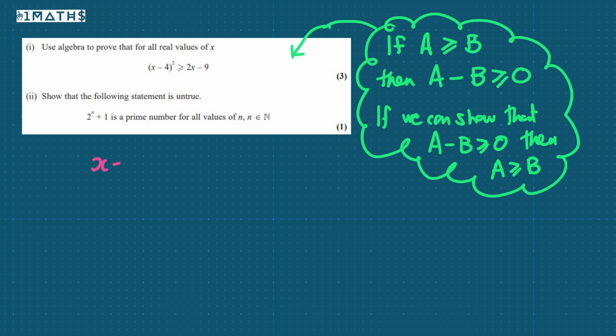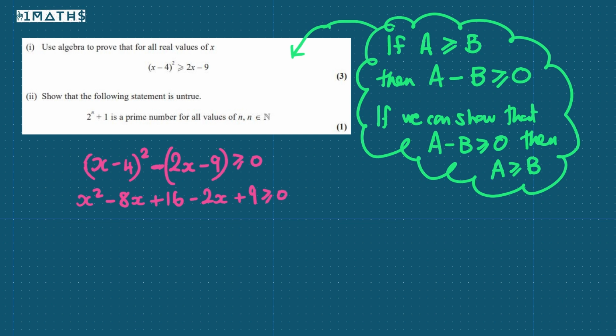So I get x minus 4 all squared, subtract 2x minus 9, which is greater or equal to 0, and then I expand my brackets: x squared minus 8x plus 16 minus 2x plus 9 greater or equal to 0. I now simplify this because remember I want to get to a point where I can show that A minus B is greater or equal to 0. So I'm aiming to get there.